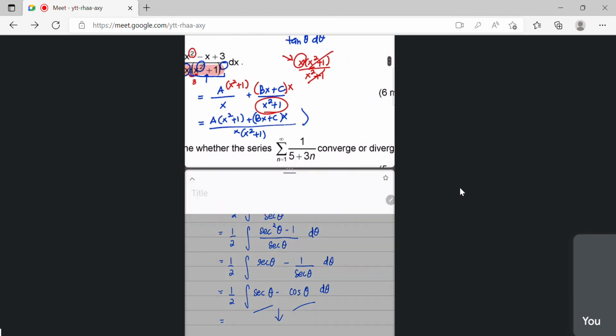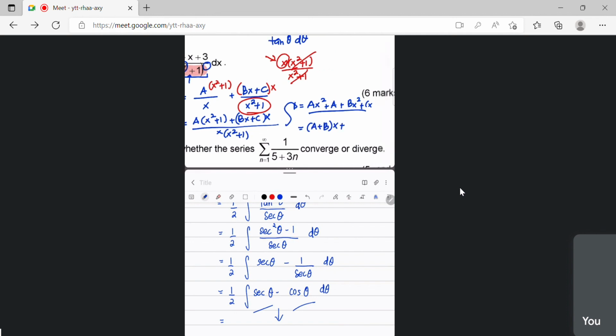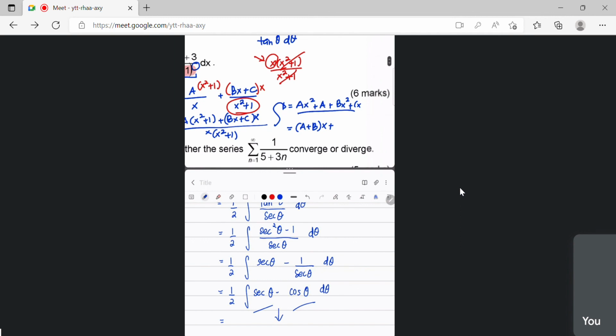Okay, so the next one. Expand. Okay, bawah dia sama. Kumpulkan. Okay, bawah sama. Okay.